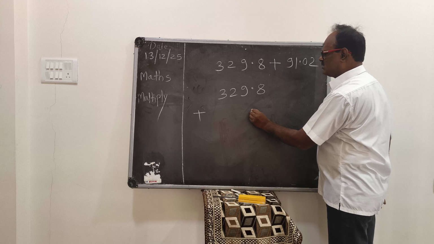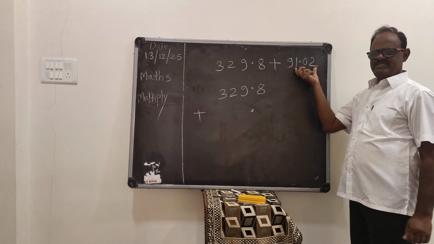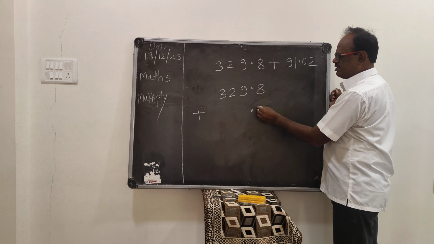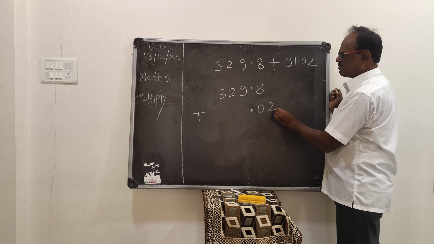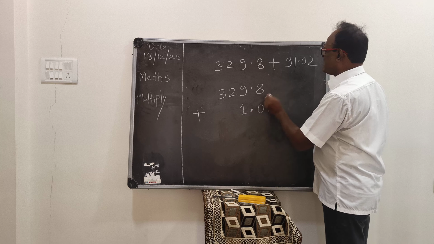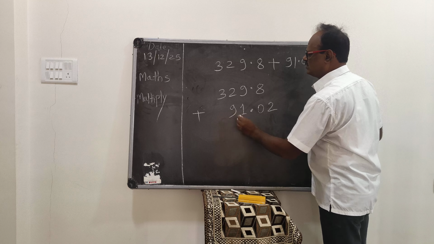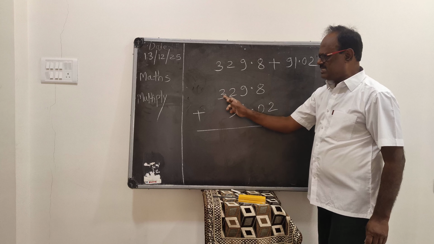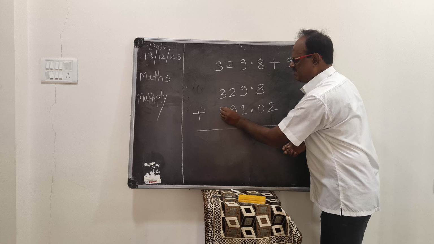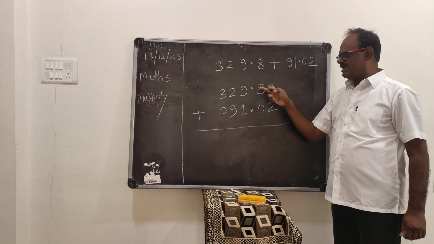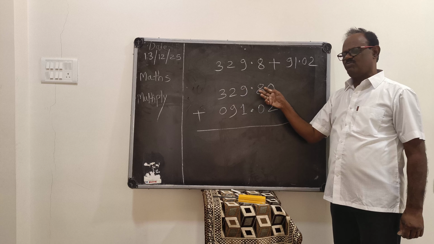So point below the point. And now adjust these numbers, digit below the digit: 0, 2. So 0 below 8 and 2 here. And 1, 9. So 1 below 9 and this 9 is below 2. Now if you are still confused, you can fill the remaining places by 0. So 329.8 means 329.80.